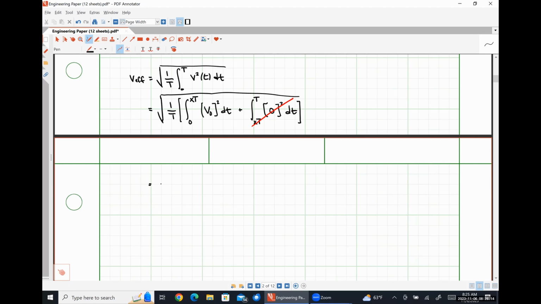So we could say that our effective value would be the square root of 1 over T times V naught squared times the integral from 0 to x T of just dt, like so, which is just going to look like x T. So it's going to be the square root of 1 over T times V naught squared times x T.